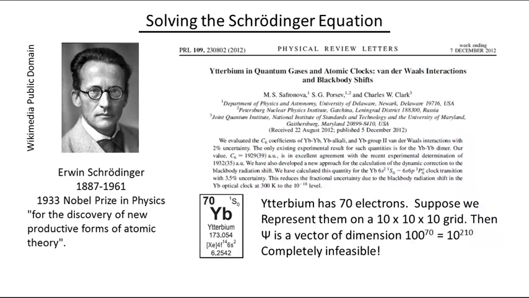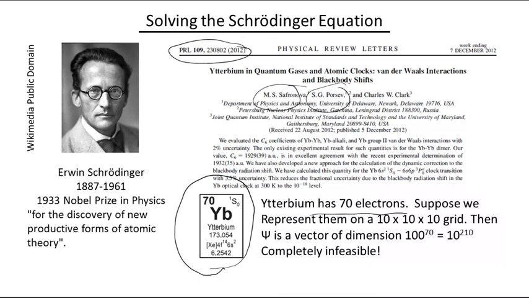So, from a formal and even a practical perspective, for very simple systems, solutions to the Schrodinger equation are fairly straightforward to find. But in real life, we're encountered with problems that involve atoms like ytterbium, 70 electrons. This is a system I happen to have worked on myself with wonderful collaborators, Mariana Safronova, Sergei Porsev, during the past year, and it's motivated by determining the corrections to atomic transition frequency due to the presence of a thermal background for application in next generation atomic clocks.